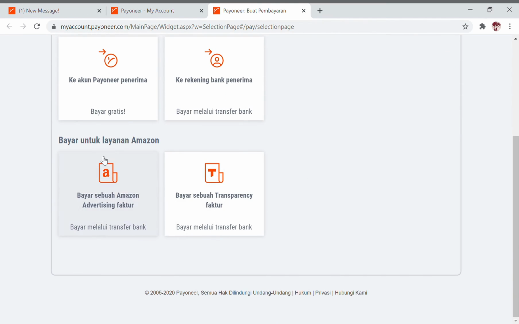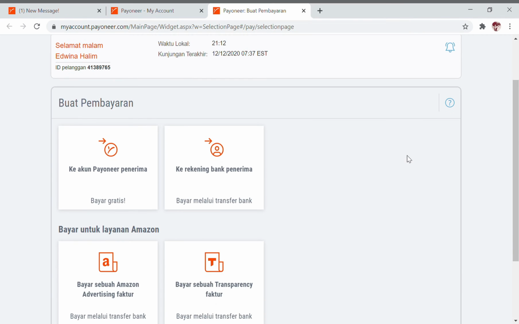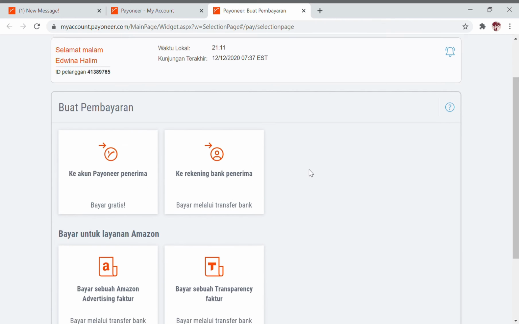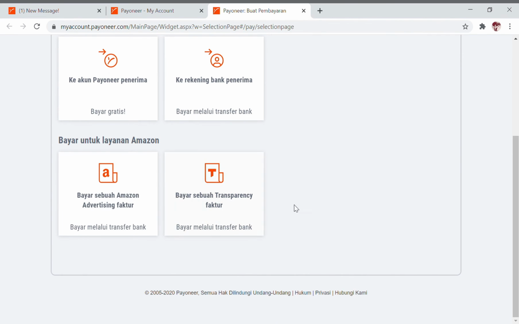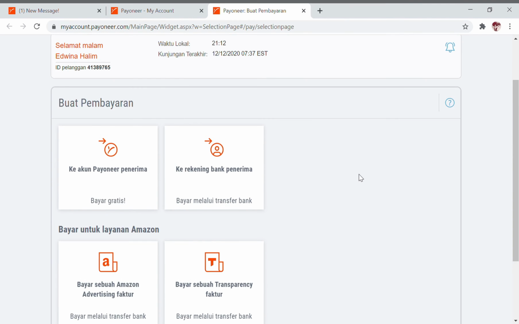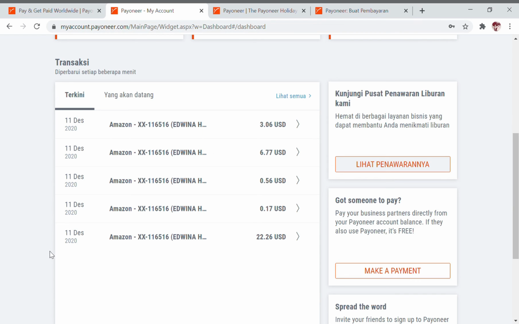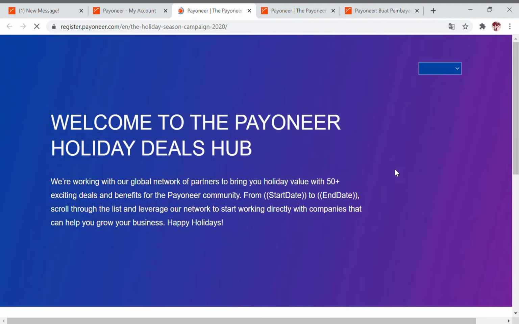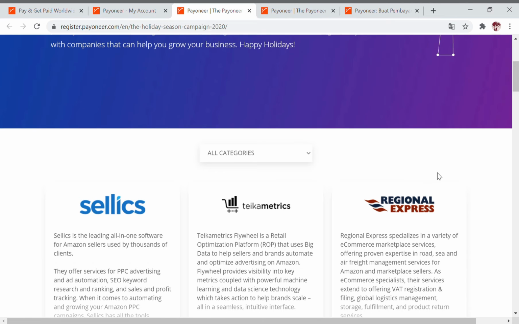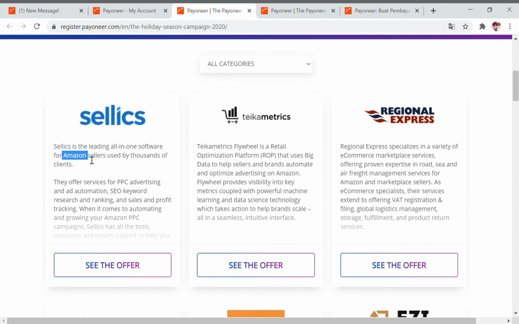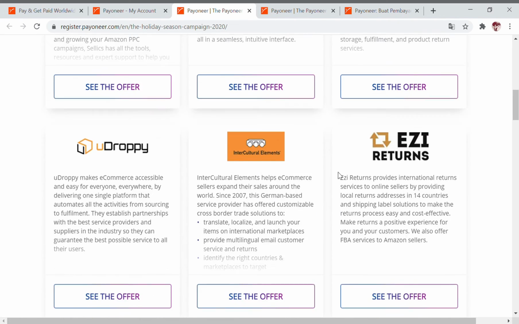It's because you realize that either you pay another person's Payoneer account and then you can use the money, or you can pay for Amazon services, which means I suspect that Amazon has a stake or a share in this company. Because all the services that they provided, if you look at it here, all these that I've highlighted, Unicommerce and all this, they're all Amazon related services or Amazon affiliates, which means that they want to keep the money inside that loop, right?